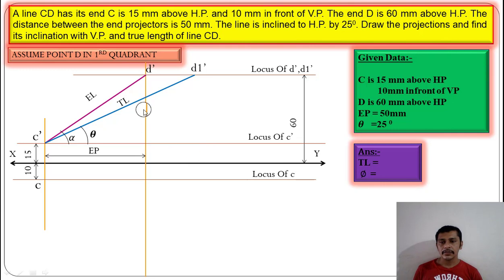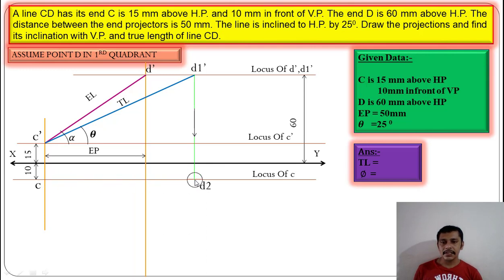Now we have to find out the plan also and angle phi also. We will get the plan of point D on this projector and below the XY reference line, because we have assumed point D in the first quadrant. To find the plan of line CD, draw a straight line from D1 dash up to the locus of C. The intersection of this line and this locus of C will be D2, and CD2 is our plan length.